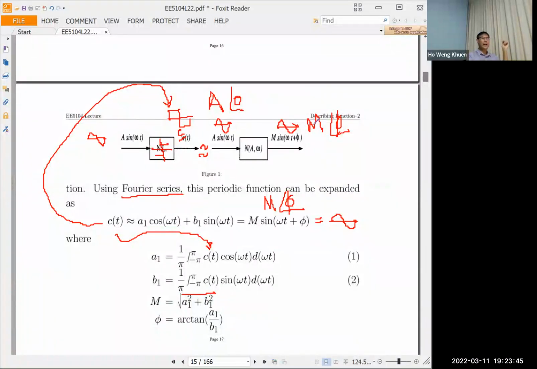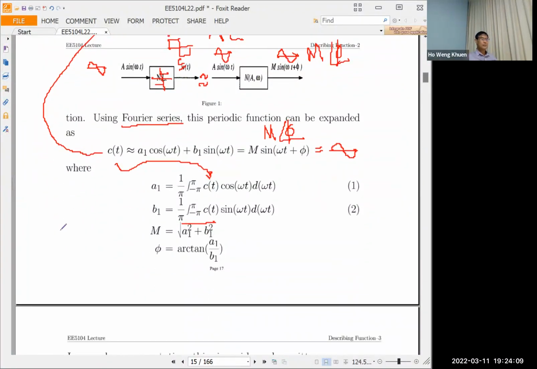All right. The way to get M is to use your Fourier series formula, get A1 and B1, and then convert to M and convert to phi. Then you can convert to our electrical engineering algebra, the phasor. So now this is approximated by the system on the right side.